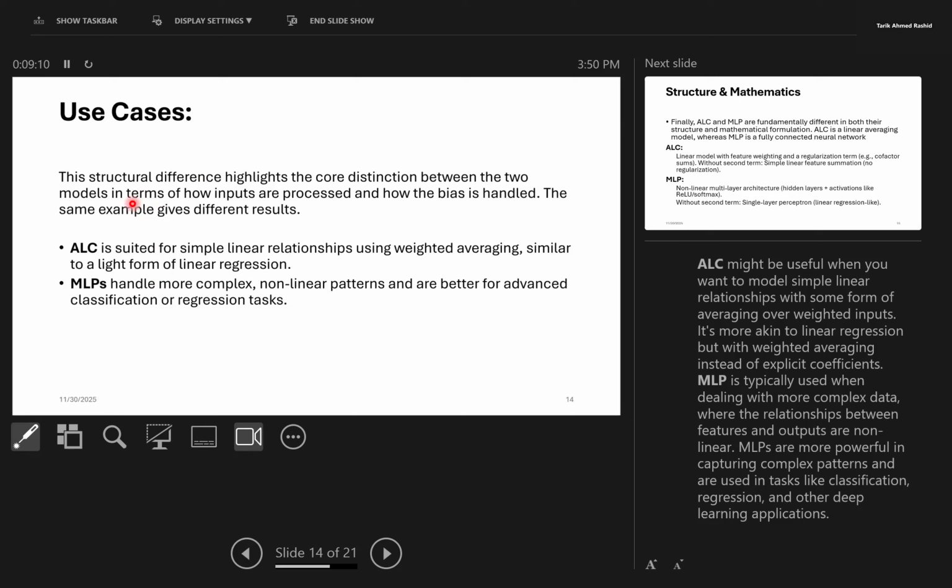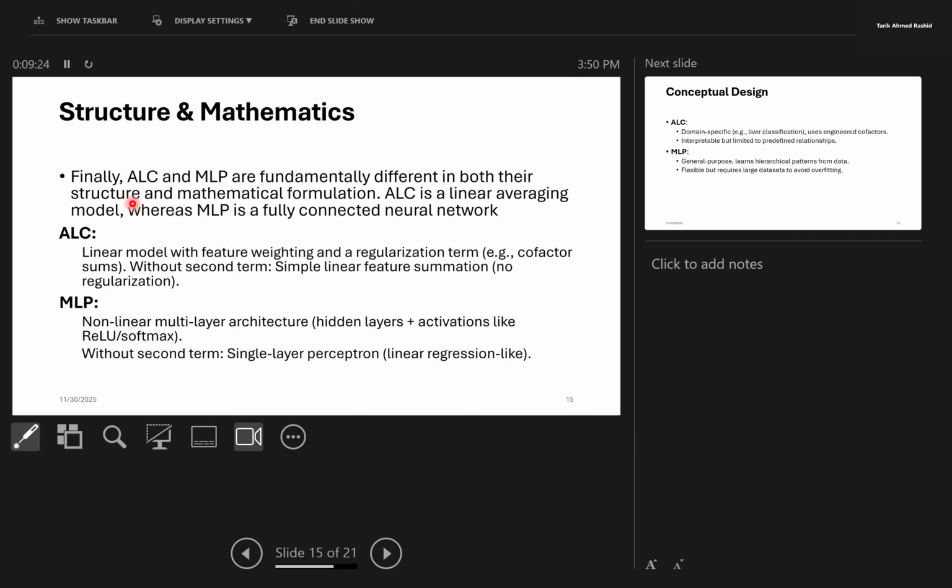Use cases: ALC is suited for simple linear relationships using weighted averaging, while MLP handles more complex nonlinear patterns. Again, we talked about this. ALC uses cofactor sums, but MLP uses nonlinear multilayers with hidden layer activation functions, ReLU and softmax.